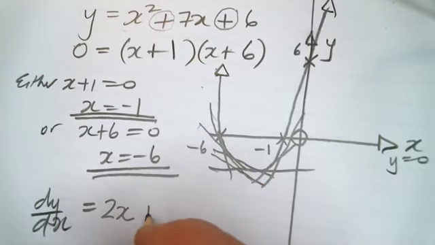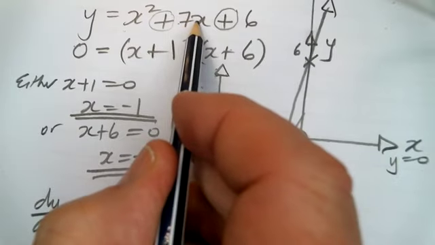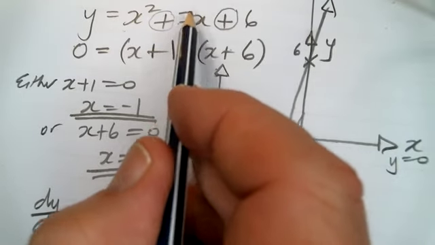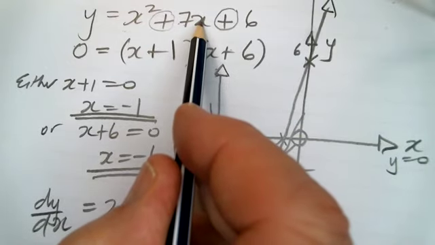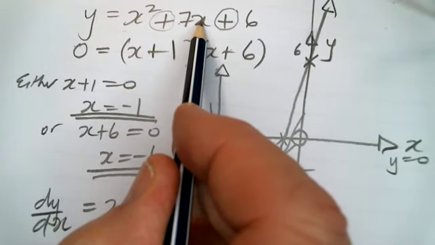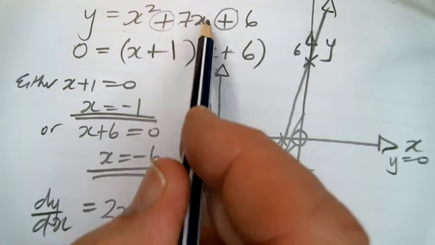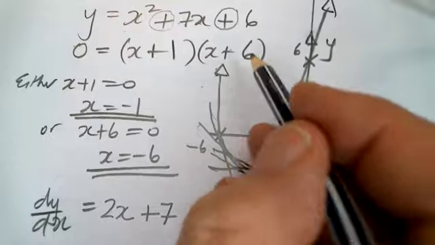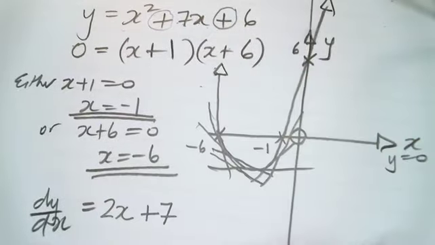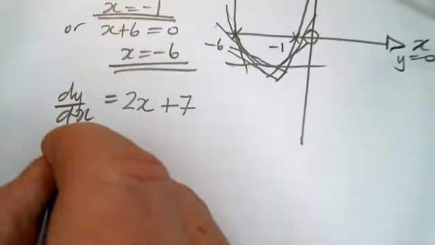I don't need to write the 1 in. This is 7x to the power of 1. 7 times 1 is 7. I reduce the power of x by 1. It was to the power of 1, now it's to the power of 0. Anything to the power of 0 is 1, so 7 times 1 is just 7. Now, I've also got this bit here. This just falls away. It's a constant. So I've got my m value.